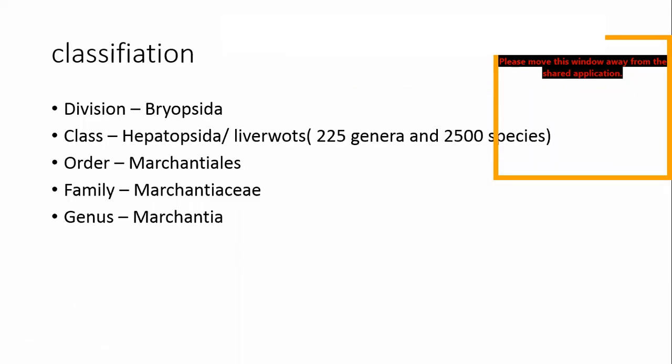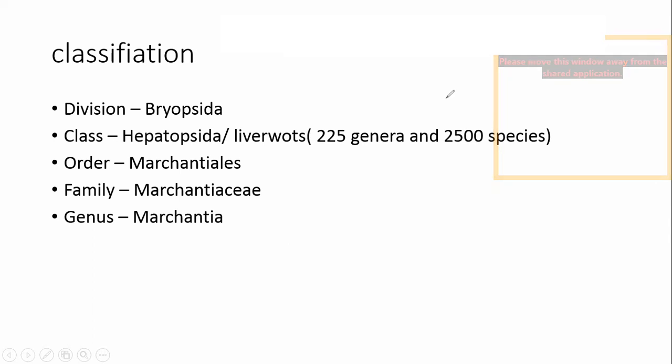Okay, coming on to the classification, Marchantia is considered to be under the division Bryophyta. Why? Because bryophytes are green plants which require land and water for the completion of the life cycle. So these Marchantia come under the division Bryophyta. They are considered to be the amphibians of the plant kingdom.